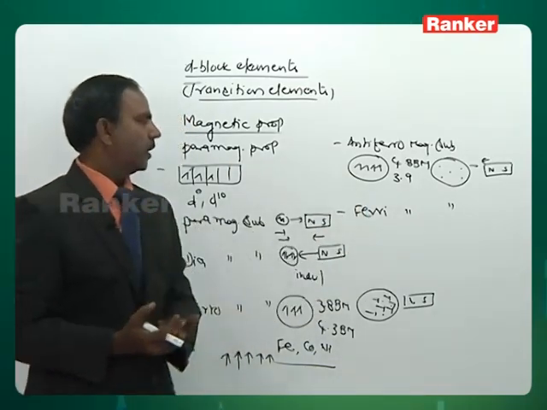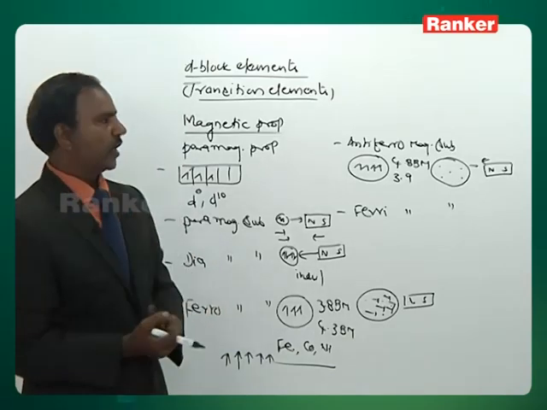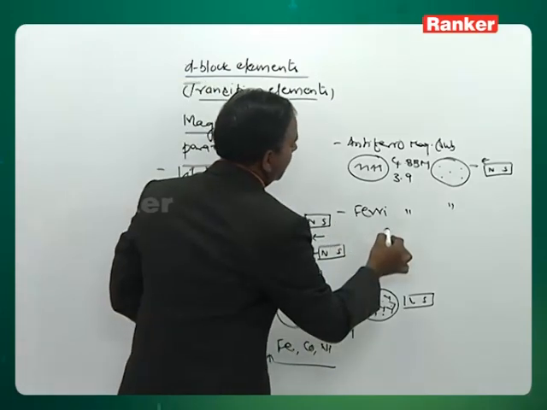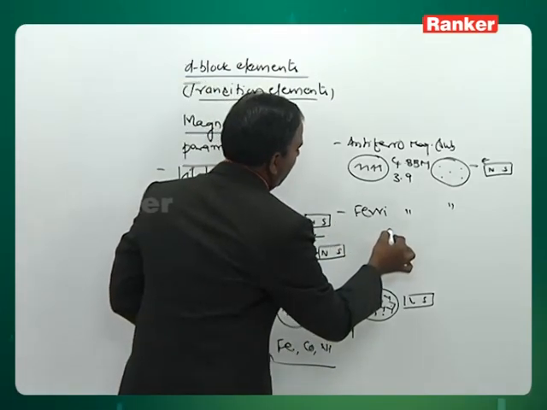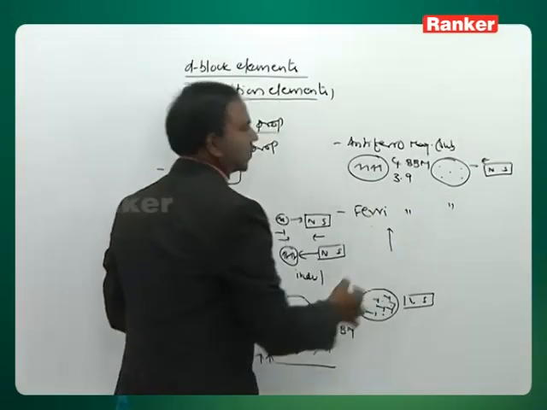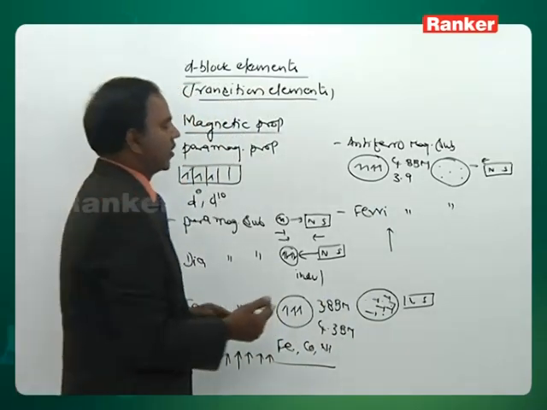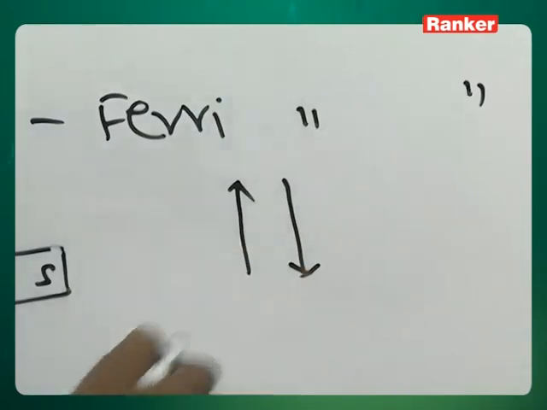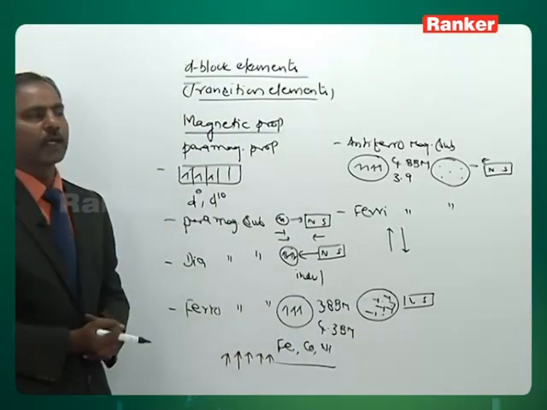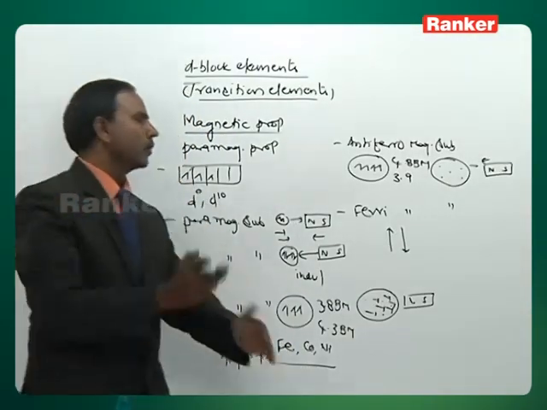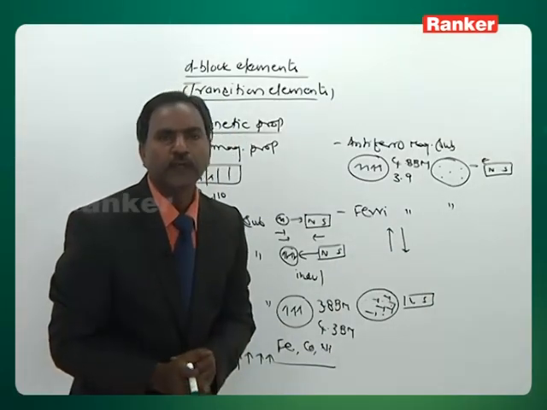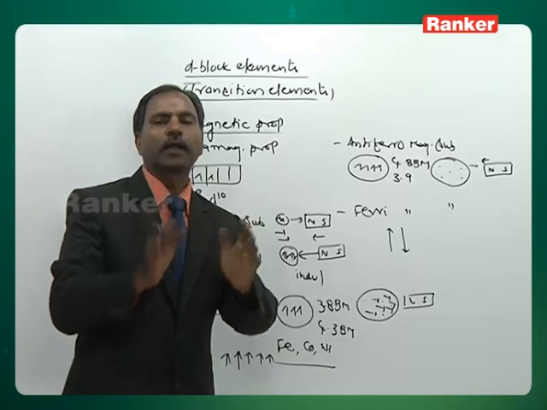Next, ferrimagnetic substance. In some substances, the magnetic vectors working in the direction of the field of the magnet and those working opposite to the field of the magnet are not equal. Then that substance exhibits a slight paramagnetic moment.